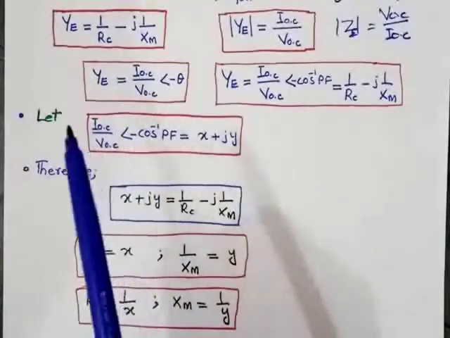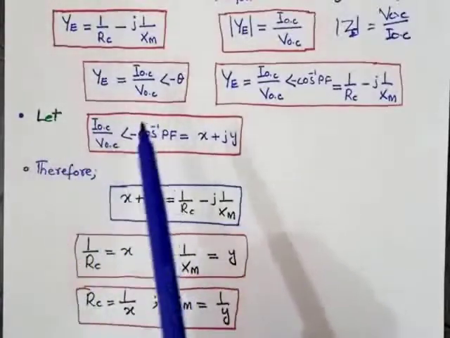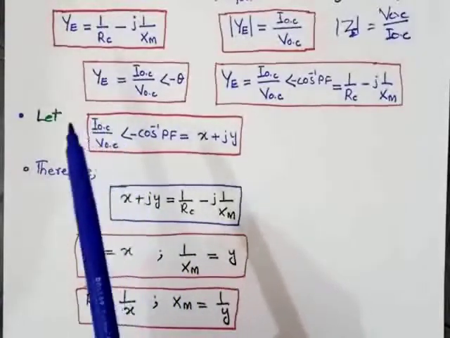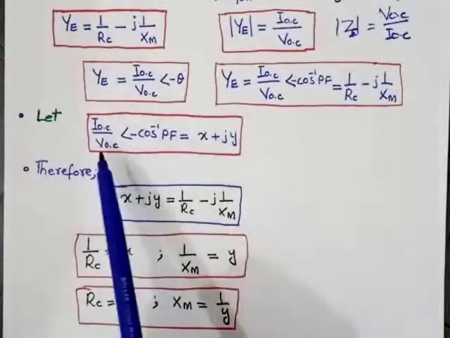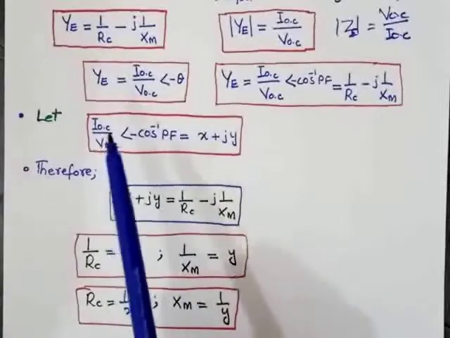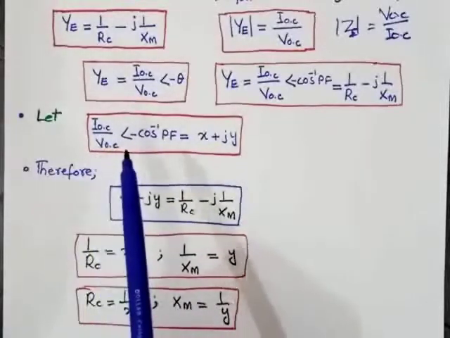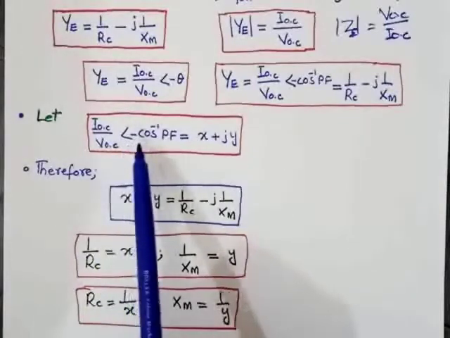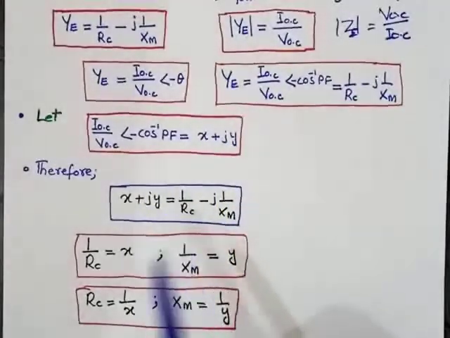In case of an inductor, current lags the voltage by 90 degrees. Let the angle of the voltage be 0 and the current lagging. It means the angle of the current will be less than 0. So that's why this is the minus sign. So by using these equations, we can determine the values of RC and XM.